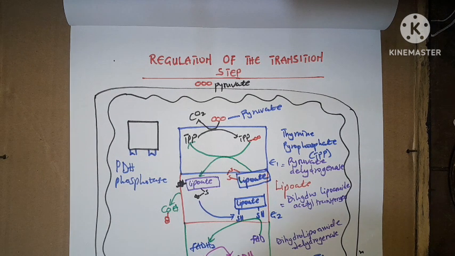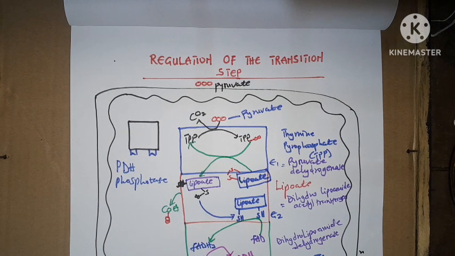This pyruvate dehydrogenase phosphatase is stimulated by calcium ions to rip off the phosphate. Insulin can also stimulate pyruvate dehydrogenase phosphatase to rip off the phosphate from enzyme 1. So remember, I said two things can stimulate it.